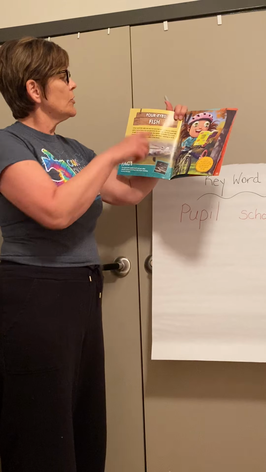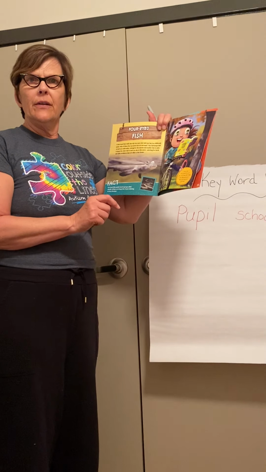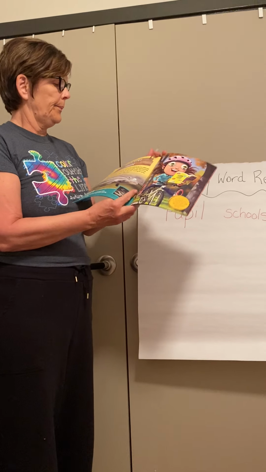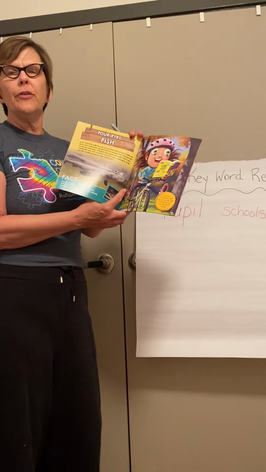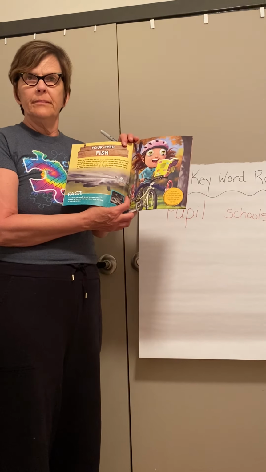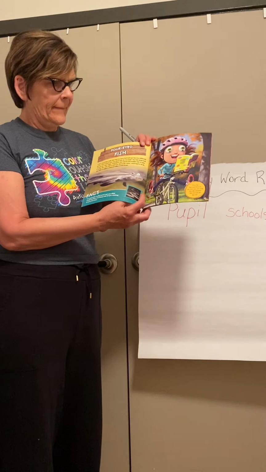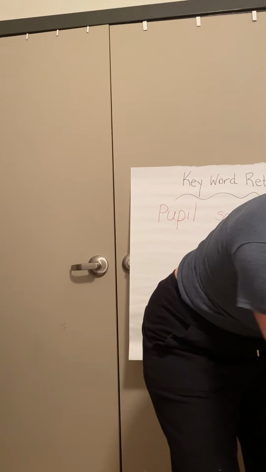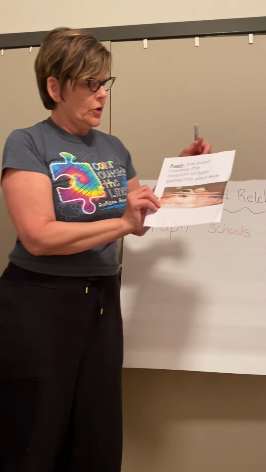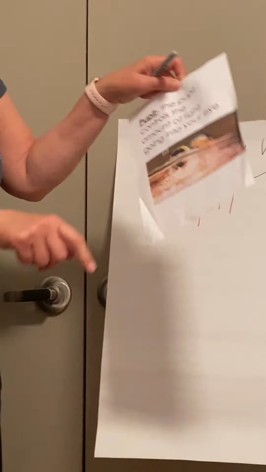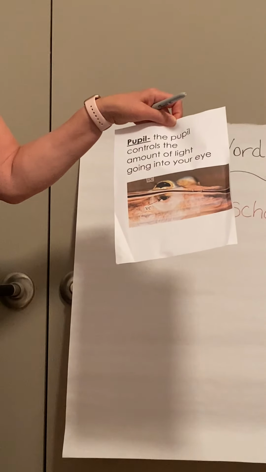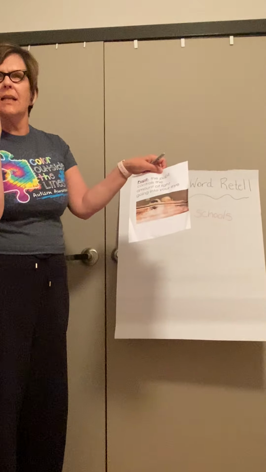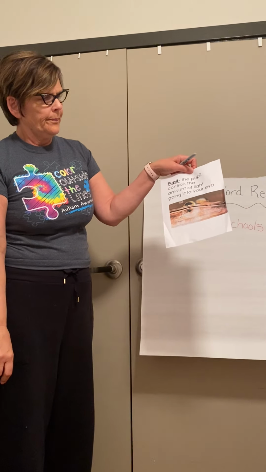What does the pupil do for the four-eyed fish? What would you tell a partner if you were sitting with a partner? What does the pupil do for the four-eyed fish? Let me give you my vocabulary page right here. What does the pupil do for the four-eyed fish? This picture might help you. It does control the light going into your eye, but what's it allowing that fish to do?